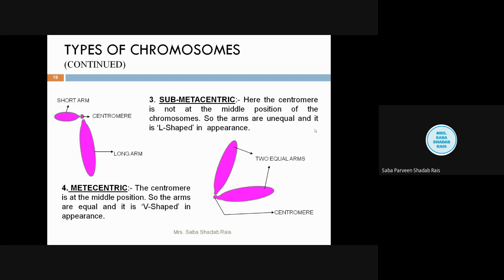So monocentric, one centromere; dicentric, two centromeres; polycentric, many centromeres; acentric, no centromere. Example of monocentric is all chromosomes in general; dicentric, wheat; polycentric, Ascaris. So this is about the classification of the chromosome on the basis of the number, or you can say the situation, of the centromere.